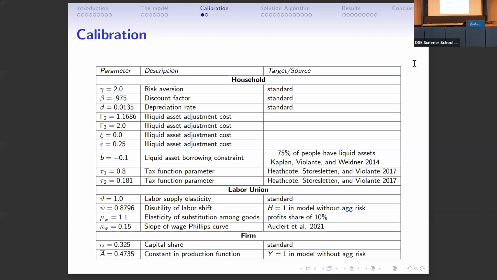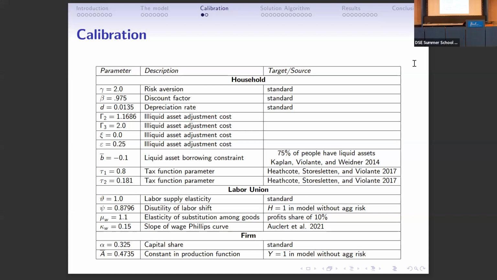Okay, then most of the parameters are standard. Again, we try to match the ratios of hand-to-mouth mentioned in Kaplan and this paper by Weidner.